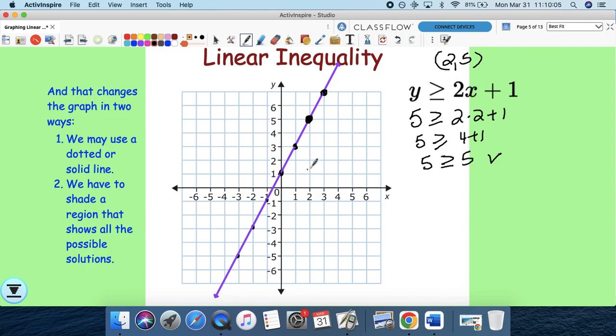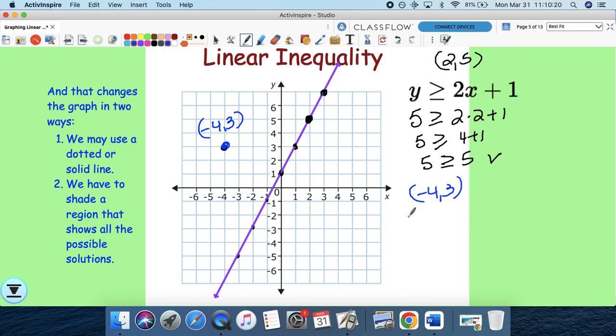So that's true. Now let's pick a point that's not on the line, but above that line. Let's pick that point right there, and I'll change colors. That point is -4, 3.